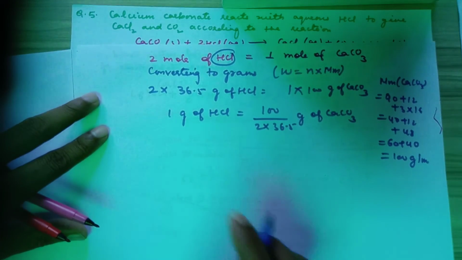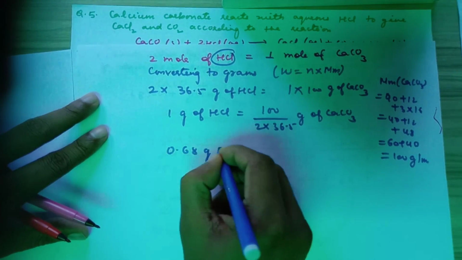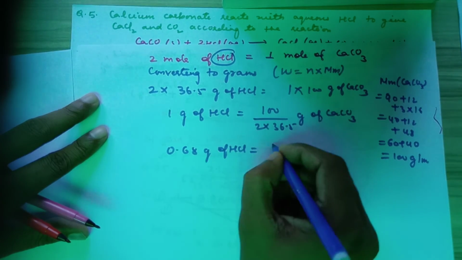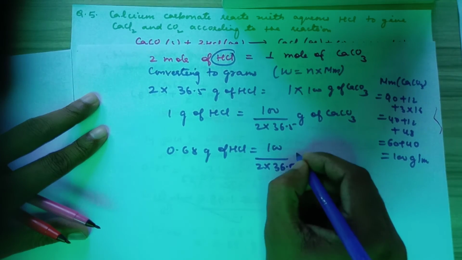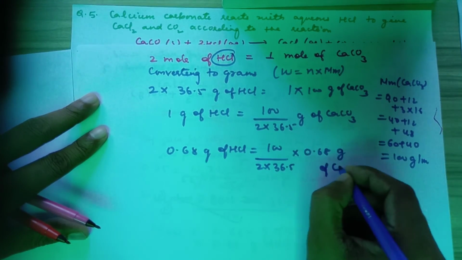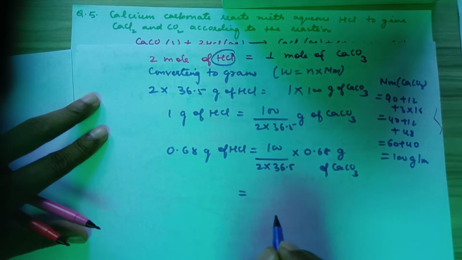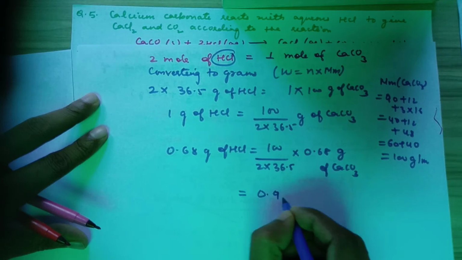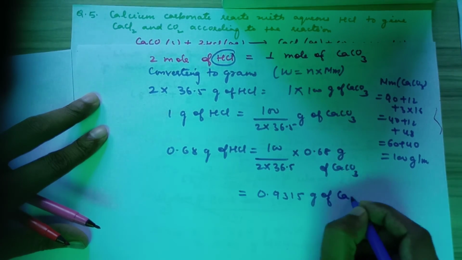So 0.68 gram of HCl will give 100 upon 2 into 36.5 into 0.68 gram of CaCO3. On solving, we'll get 0.9315 gram of CaCO3.